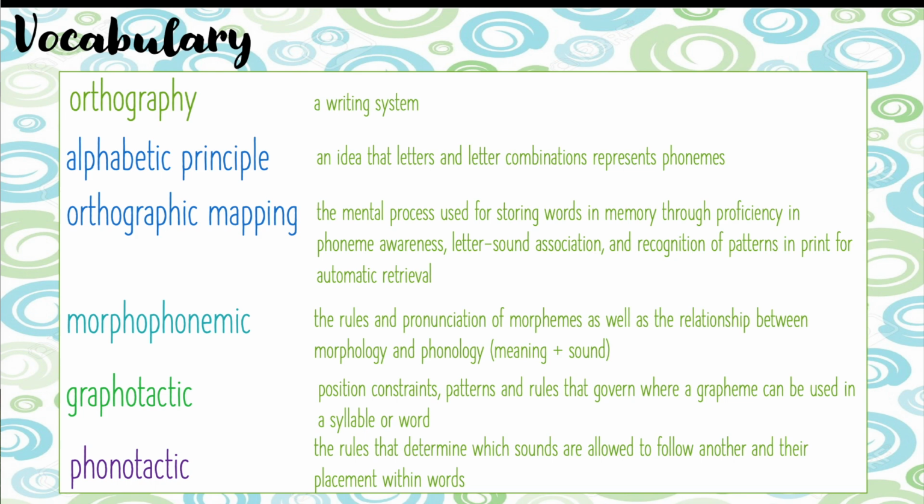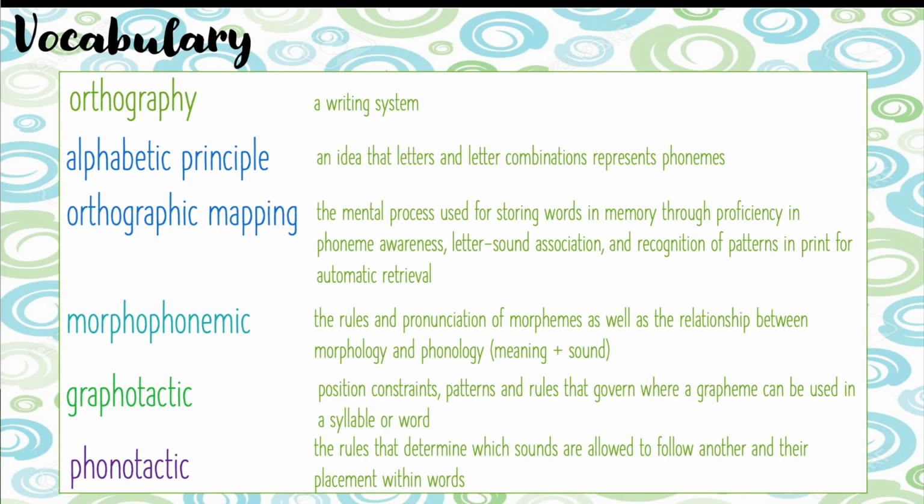So think of graphotactic as the spelling guides, the spelling rules. The phonotactic are rules that come because of the sounds that follow each other. So because we have certain sounds in order to create our words, there are certain combinations that we will not use and certain combinations we will use.